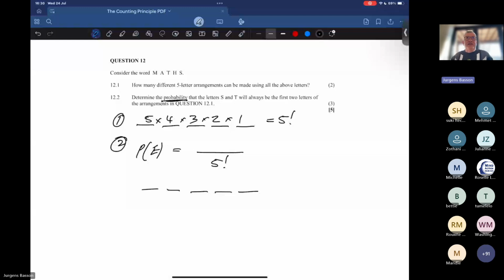Now the question is, what do we do with the rest? The rest is not a group, but the rest can't move in position 1 and 2. So if you think with me about it, I've got this 2 S&T, and I've got another 3. All right? Now, this 2 S&T is 2 factorial. But now this 2 factorial, this group of 2, are also fixed in position 1 and 2.